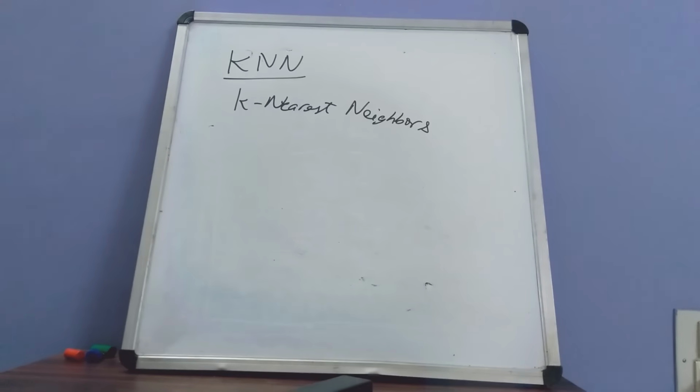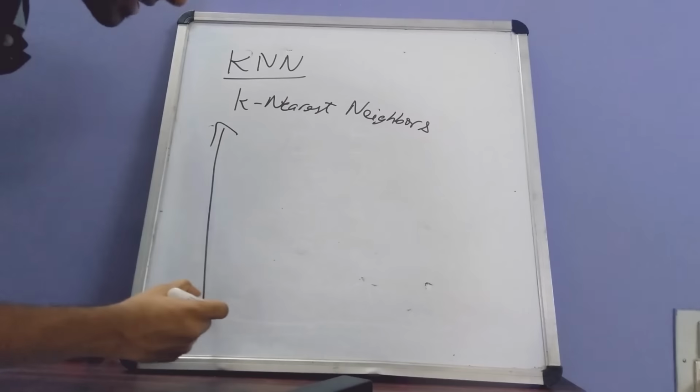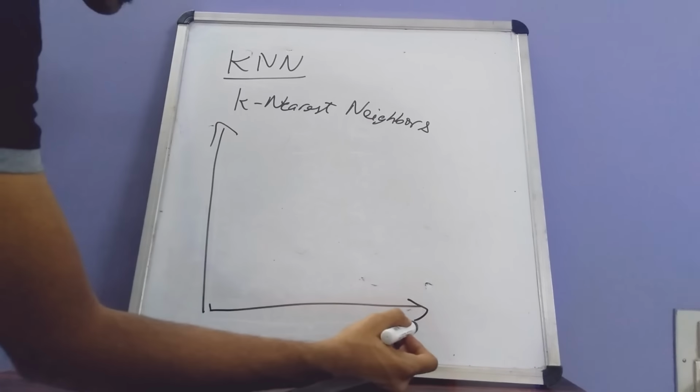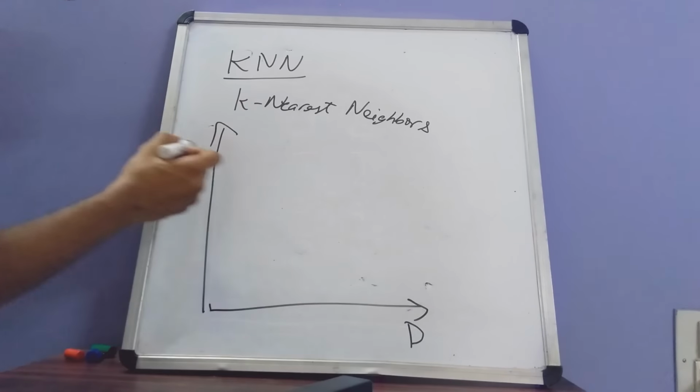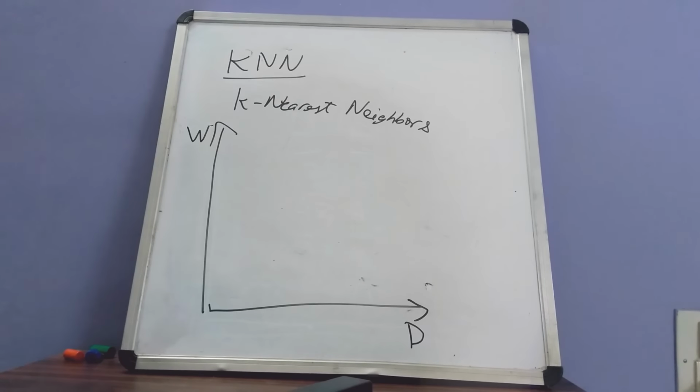Alright. So now to understand what the K nearest neighbors algorithm is, let's look at an example. Consider this graph where the x-axis refers to the diameter and the y-axis refers to the weight of a cancer tumor. And let's assume that a cancer tumor can be of two types, a malignant tumor and a benign tumor.